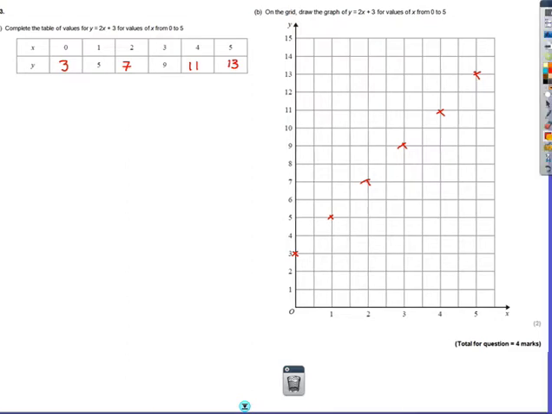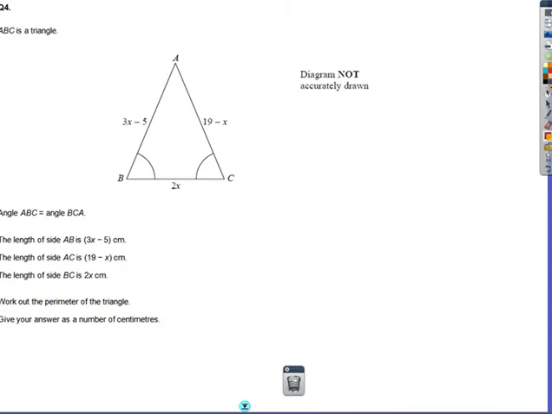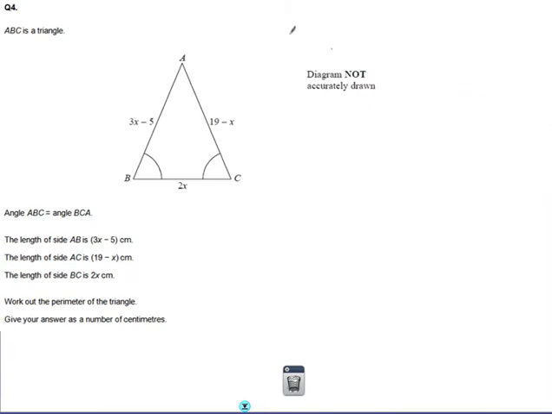Now it's time to draw our line, and this is our line. Done. Question 4, by far one of my favourite questions.